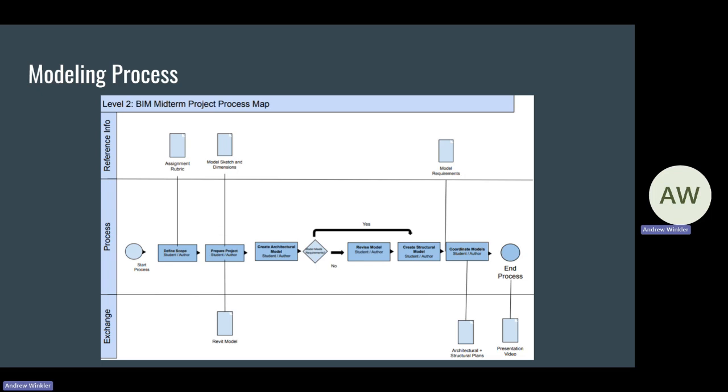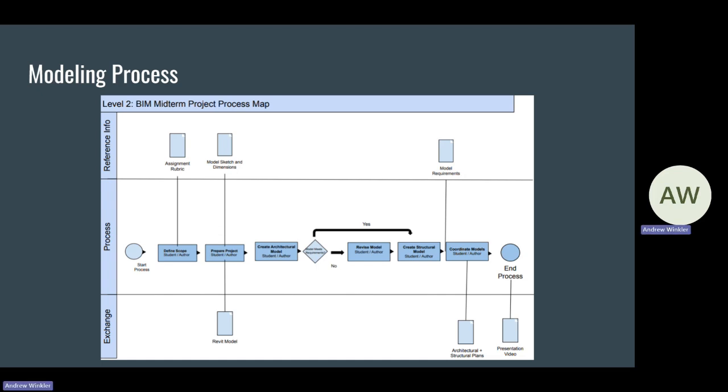So you define what needs to be accomplished throughout the project, using the assignment rubric as reference information. Then you prepare the project by starting your grid lines and organizing all the levels and a lot of the parameters that you're going to set up for your project. For a lot of this, you will use your model sketch and the dimensions that I used on paper before actually drawing it in Revit.